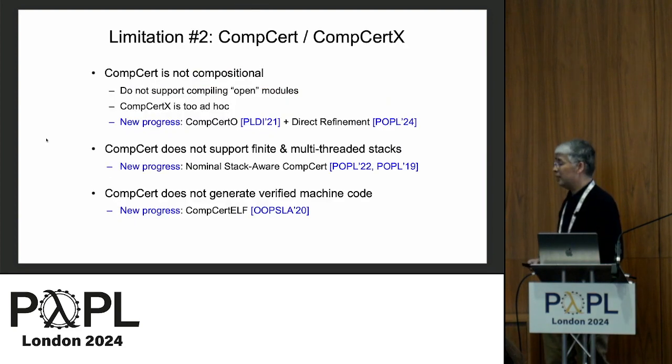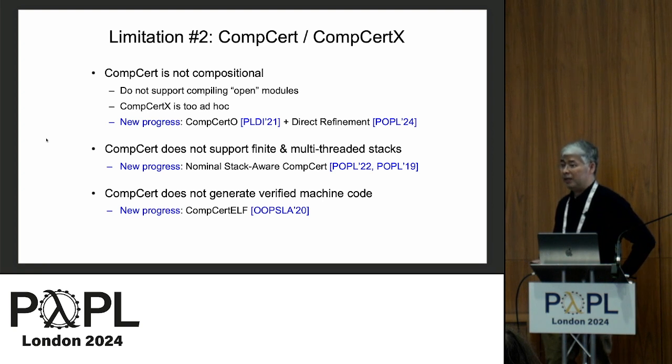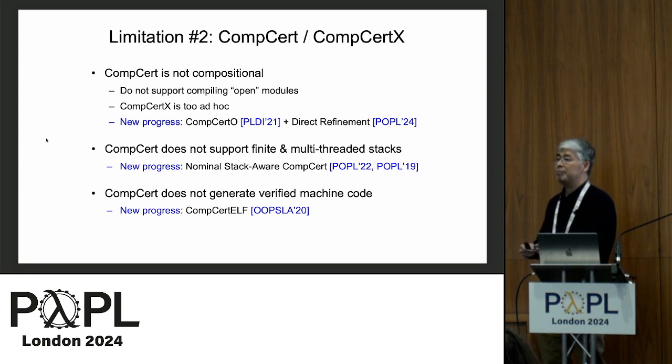The second one is related to CompCert, where the previous version of the compiler is not really compositional. So in the last few years, we have worked on an open version, CompCertO, essentially a compositional CompCert for open components, like many of you mentioned in the morning.